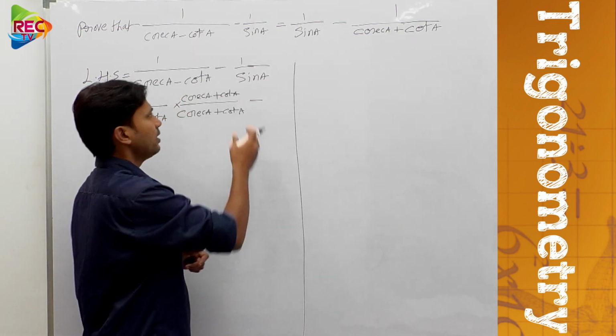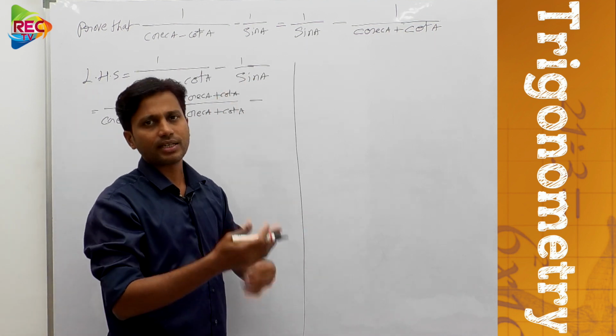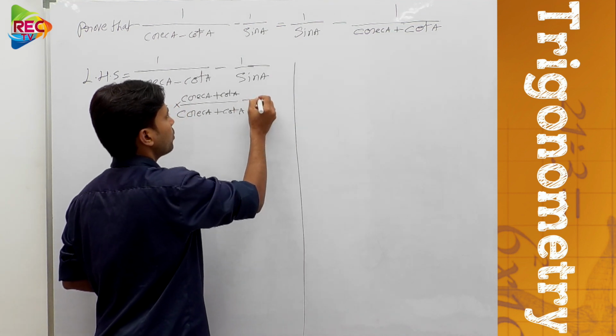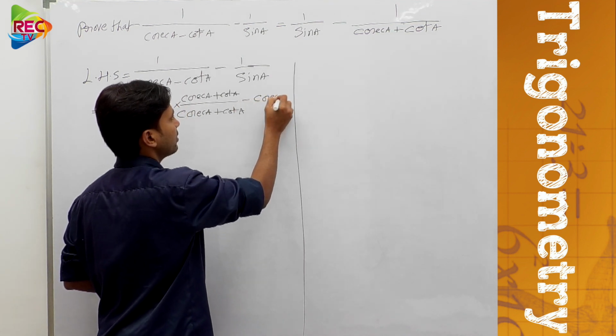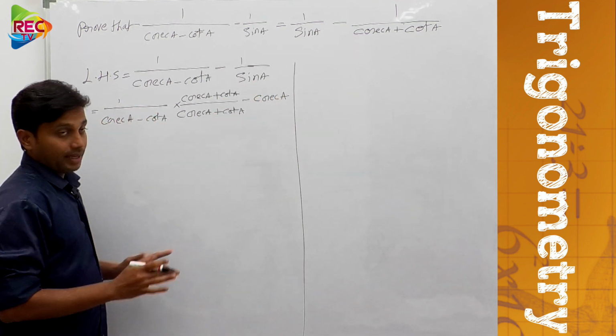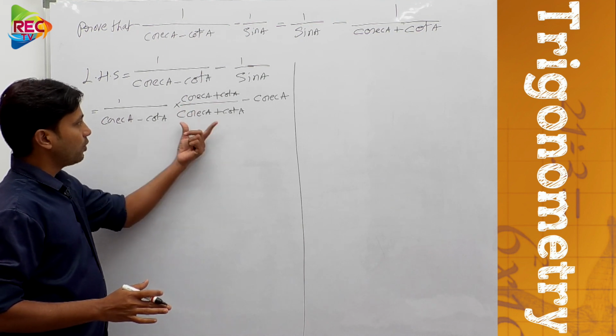Yes, because sin theta and cosecant theta are reciprocals of each other. So we can write it as cosecant A.